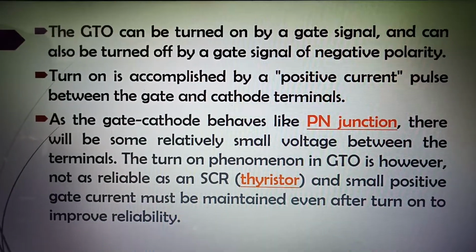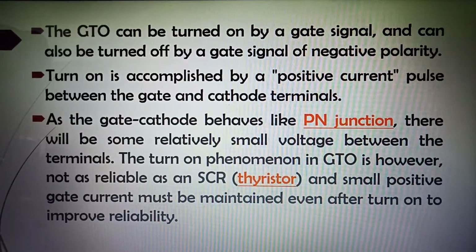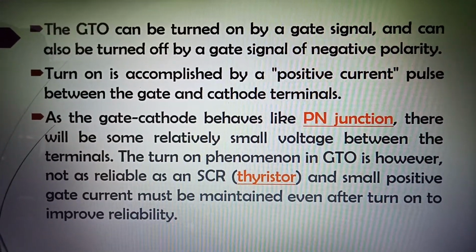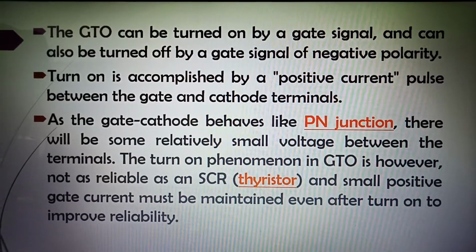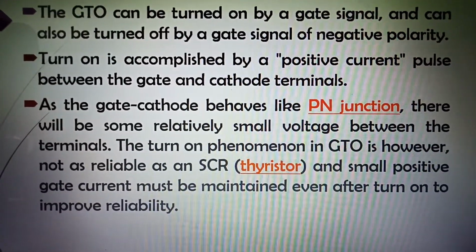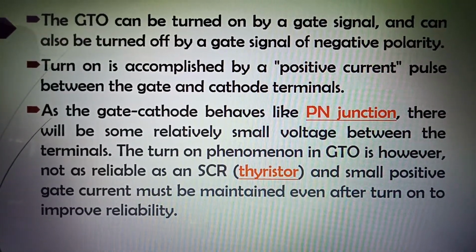The turn-on phenomenon in a GTO is, however, not as reliable as in an SCR thyristor, and a small positive gate current must be maintained even after turn-on to improve reliability.